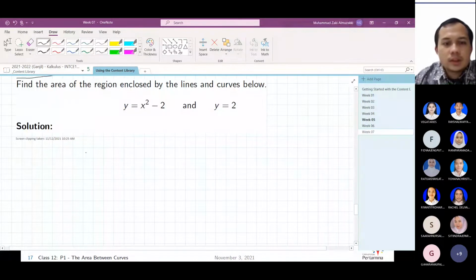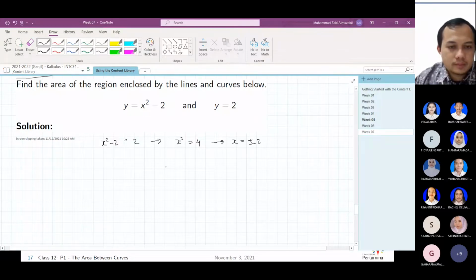Finding the limit of integration: we find it by setting x squared minus 2 equal to 2. Then x squared equals 4, so x is plus or minus 2.